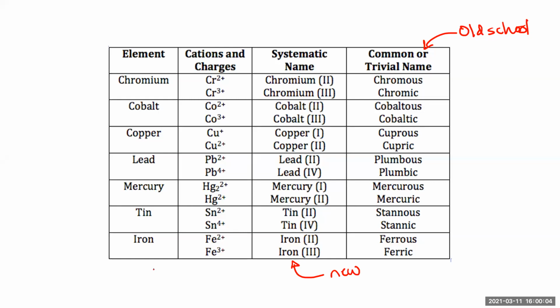As you can see, these correspond with these particular ions. One of the ones that I wanted to draw some attention to is mercury. If you look carefully at mercury, the difference between mercury 2 and mercury 1 is that mercury 1 actually has a subscript of 2, meaning that per atom in that dimer, if you will, there is one positive charge on each mercury atom.